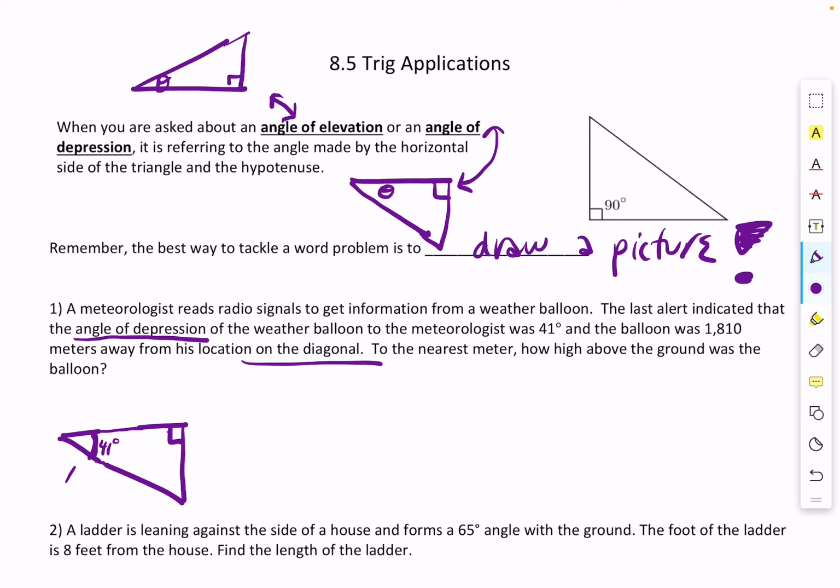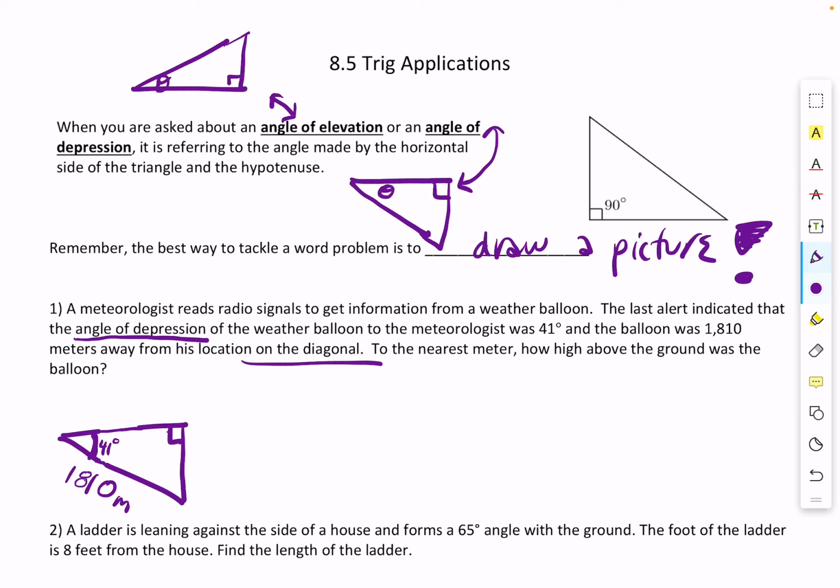No, I thought it was the angle of depression. Well, the 41 degrees is the angle of depression. Okay, to the nearest meter, how high above the ground was the balloon? So what are we trying to find? Is this our x?